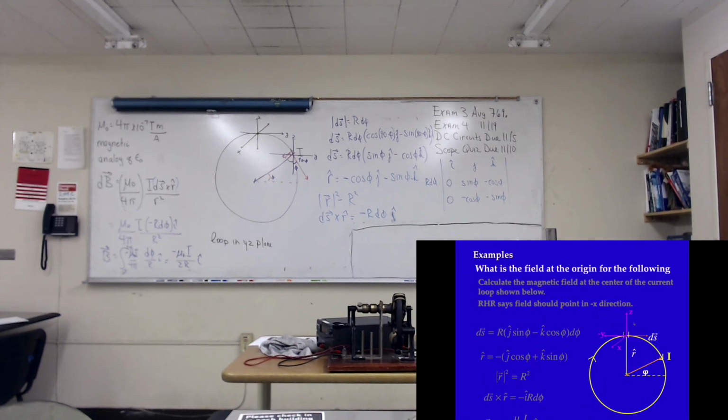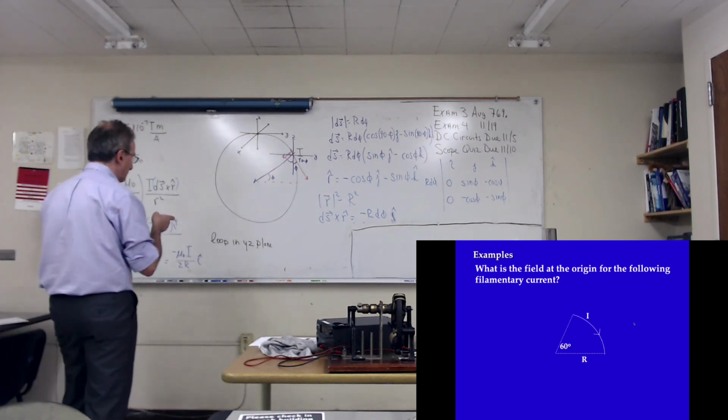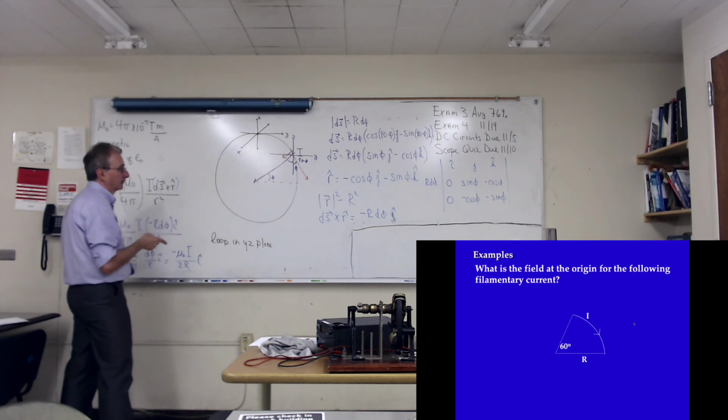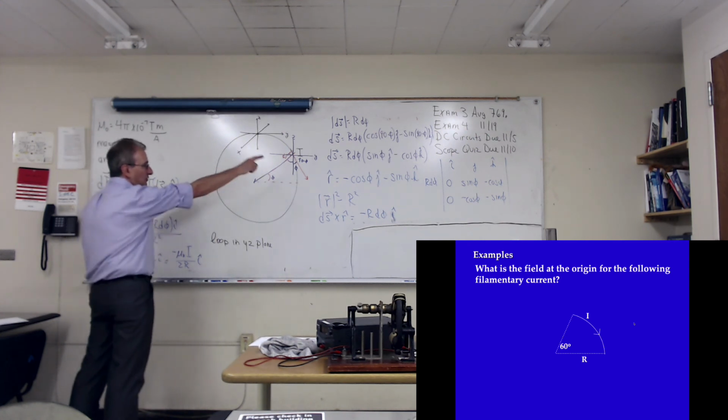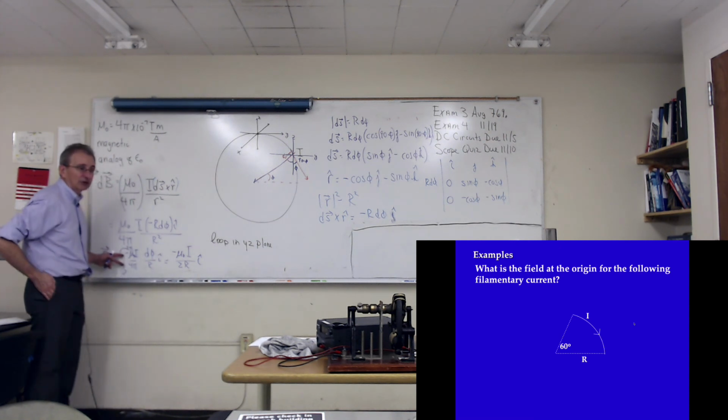So this problem isn't too bad. If I give you this problem, where I only had 1/6 of the circle, I would do the same process, and instead of integrating from 0 to 2 pi, I'm going to integrate from 0 to pi over 3.